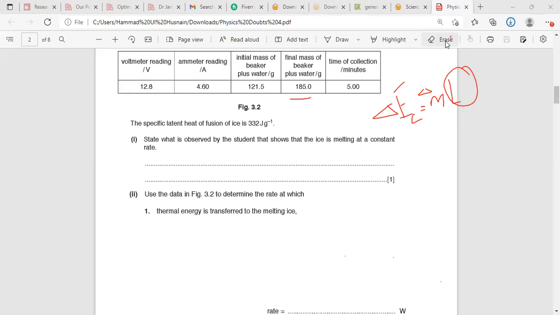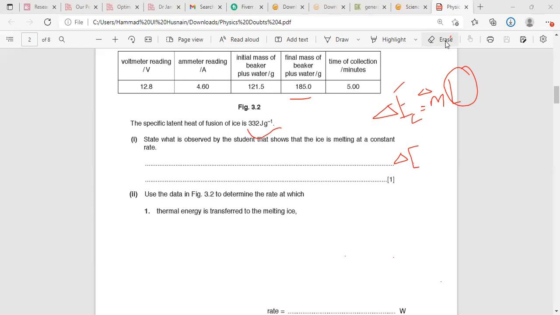Yes, 63.5 is the change in mass. And we will multiply it with this value of L, which is 332 joules, and we will find out how much energy is transferred. Are you clear with this, Raini? Yes.